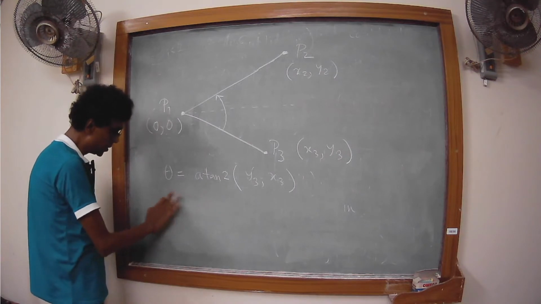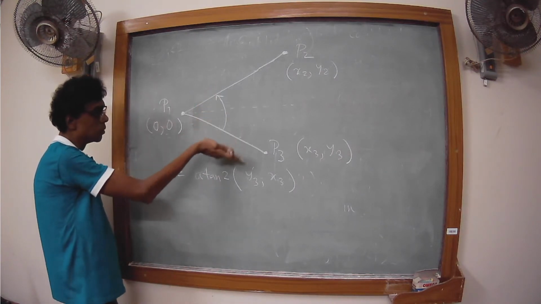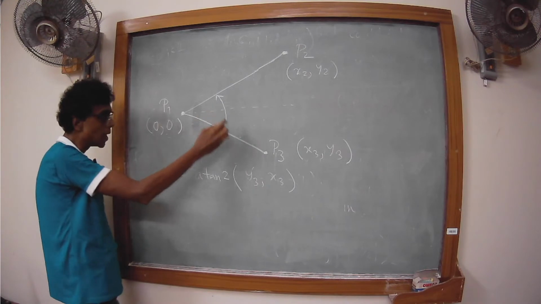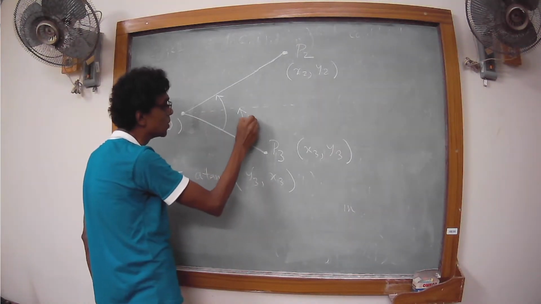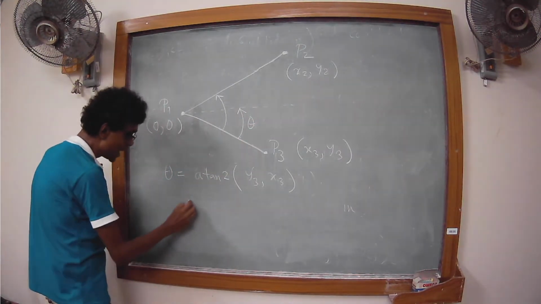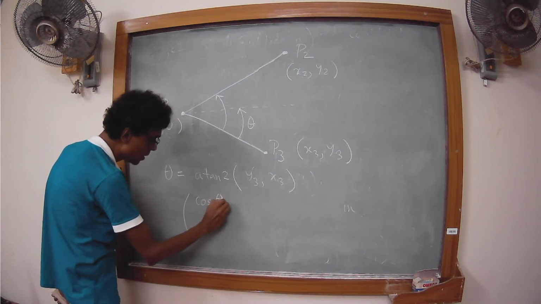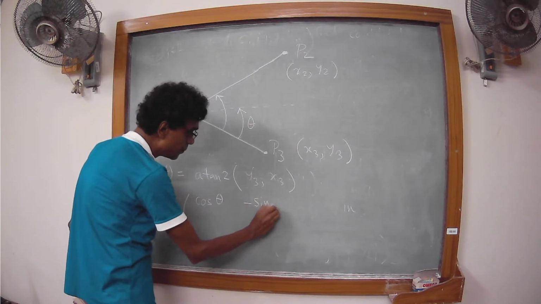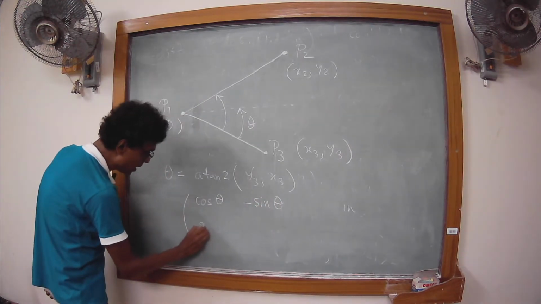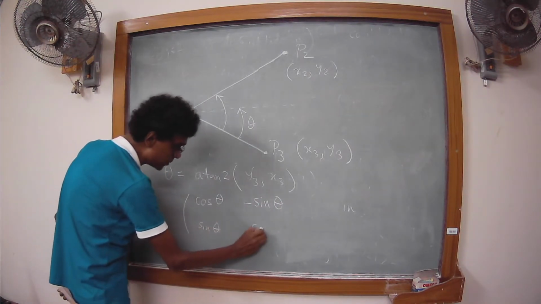So it's easy to see that if I want to rotate by this angle theta in the counterclockwise direction, then I have to multiply every coordinate by this matrix: cos theta, minus sin theta, sin theta, cos theta.